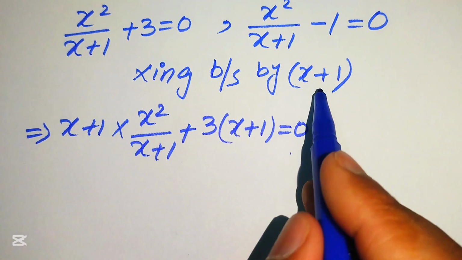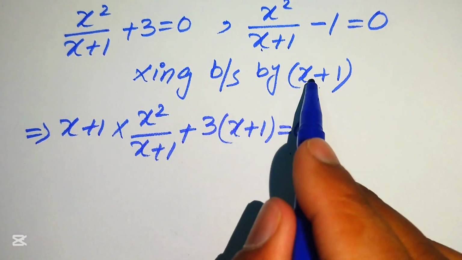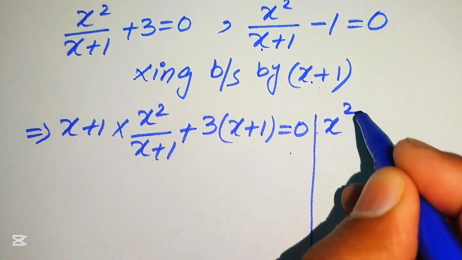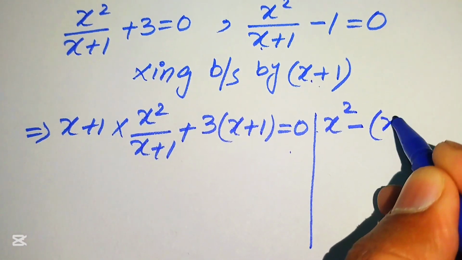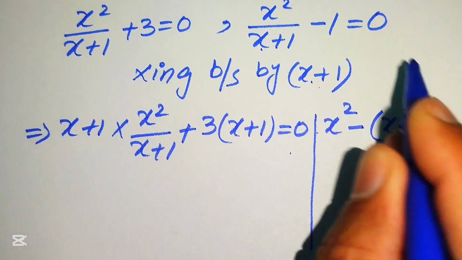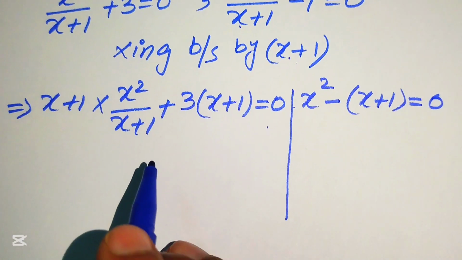Similarly in the second case, when you multiply x plus 1 here, this x plus 1 and x plus 1 are cancelled by each other, and we get x square minus x plus 1 equals to 0 times x plus 1, equals to 0.